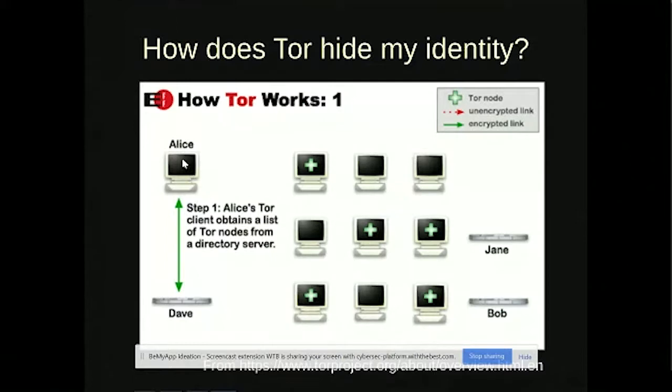And if my name is Alice and I'm trying to connect to bob.com, let's say, the first step is that my client obtains a list of all the Tor nodes and their IP addresses.